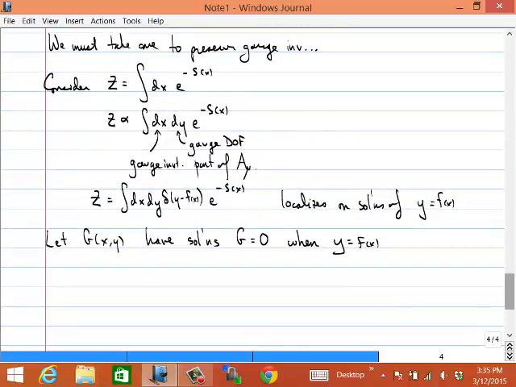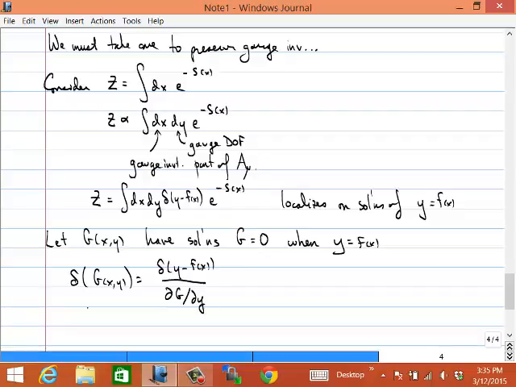And what we want to do is insert not delta of y minus f of x, but delta of g into this integral. And so you can then just use the fact that delta of g of x and y is the same as the delta function that sets y equal to f of x, up to the derivative of g with respect to y. That's just the chain rule.